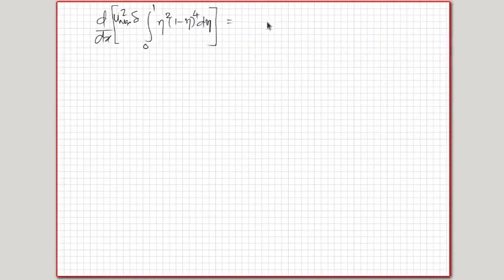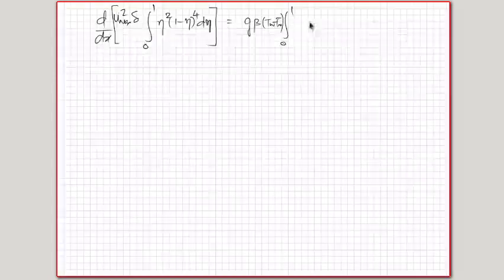Which is equal to g beta times the integral from 0 to 1. If I write for t minus t infinity, I write t minus t infinity by t wall minus t infinity. I'll get t wall minus t infinity here, and then I'll get a 1 minus.